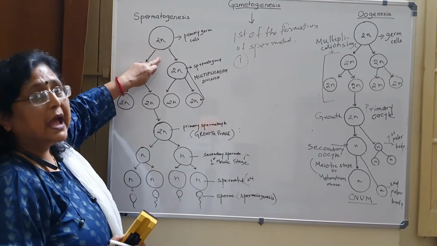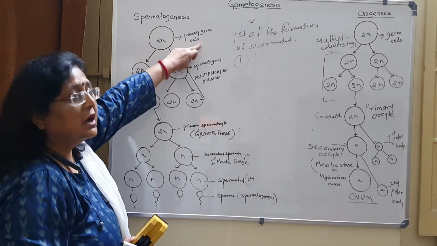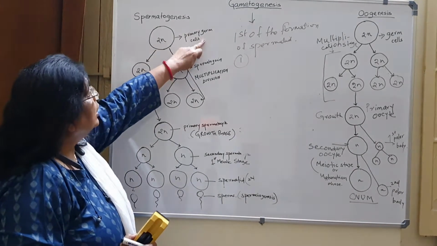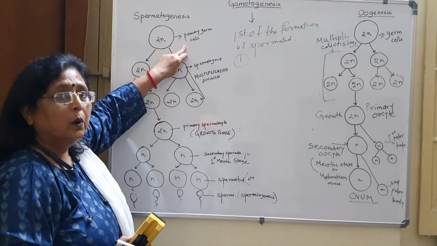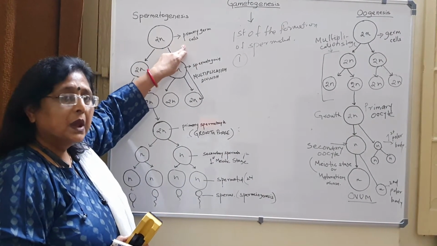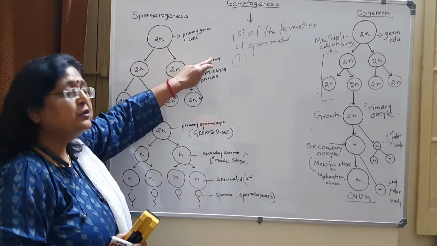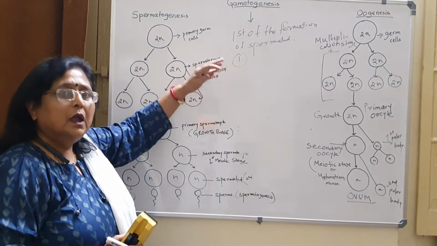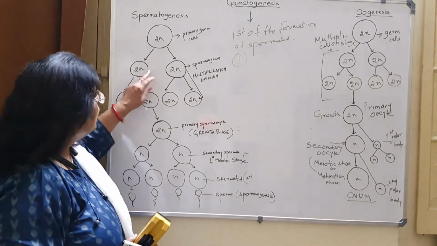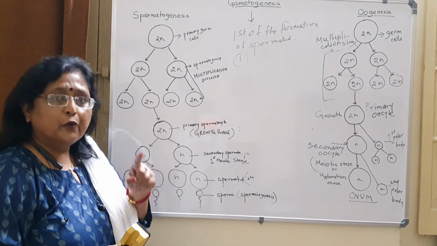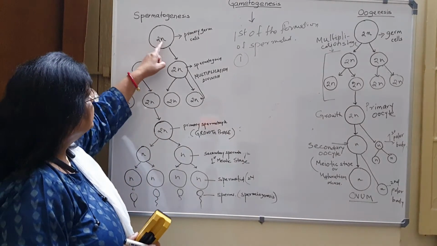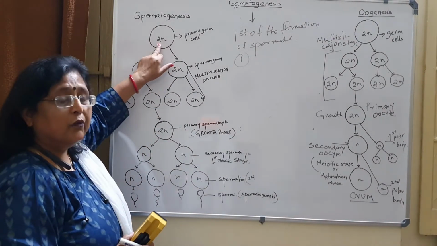You can see in this diagram, this is the primary germ cell present in the wall of the seminiferous tubules. These cells undergo mitotic division. I hope everybody knows what mitotic division is. In mitotic division, the daughter cells produced contain the same number of chromosomes.